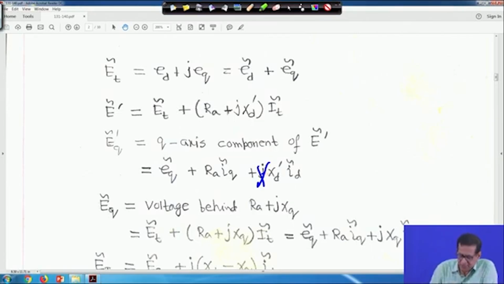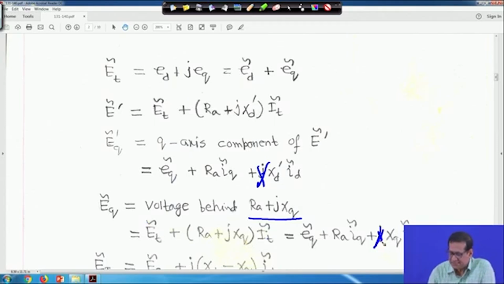Now EQ tilde is the voltage behind RA plus jXQ, so here also one j should not be there. It is ET tilde plus RA plus jXQ IT tilde.